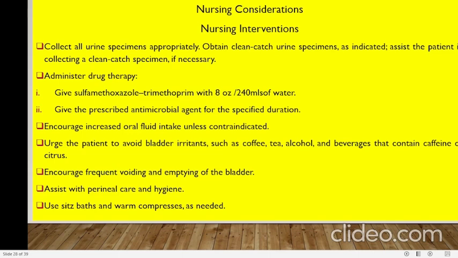Urge the patient to avoid bladder irritants such as coffee, tea, alcohol, beverages that contain caffeine, and citrus. Encourage frequent voiding and emptying of the bladder. Assist with perineal care and hygiene. Use sitz baths and warm compresses as needed.